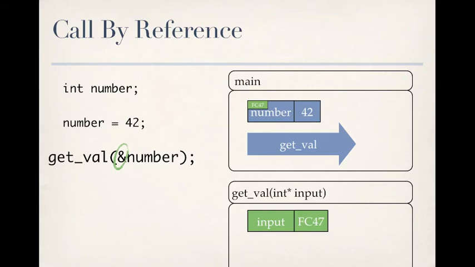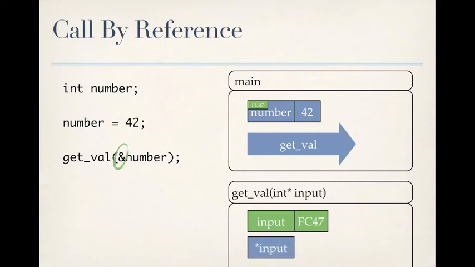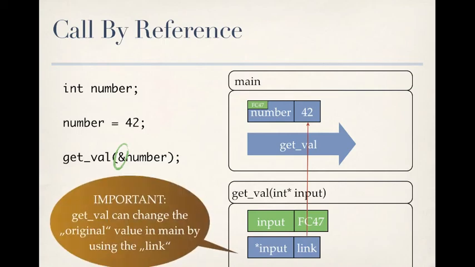And now we could use star input to write something into the variable. So star input is somehow acting as a link back to the original place. This means we can change the original value in main via this link.